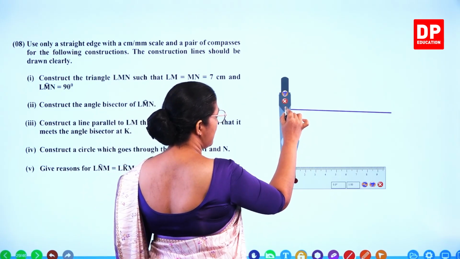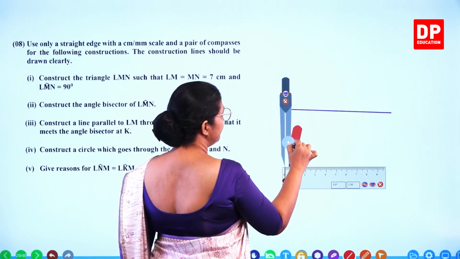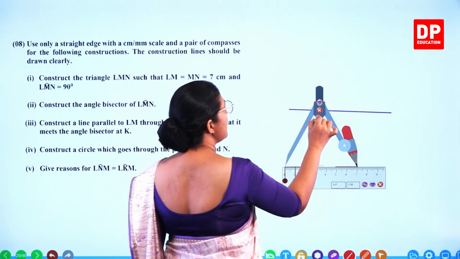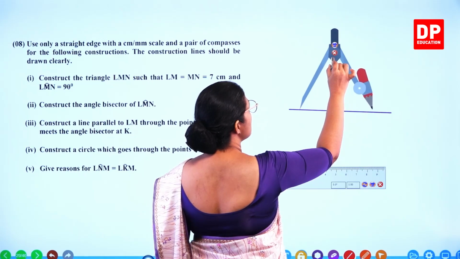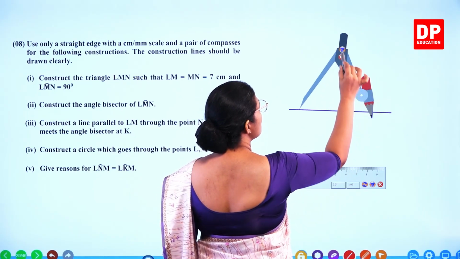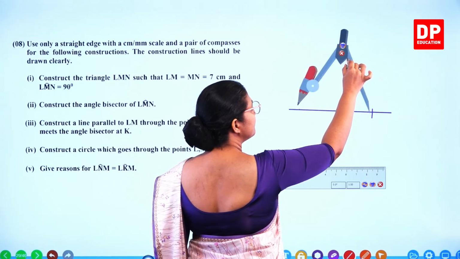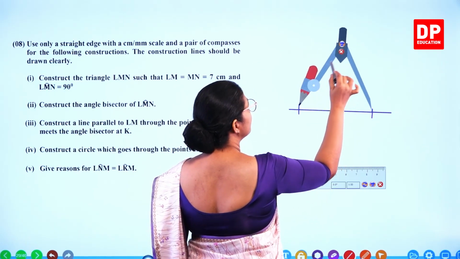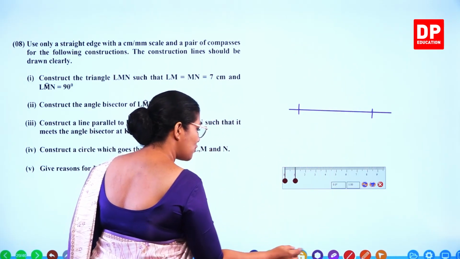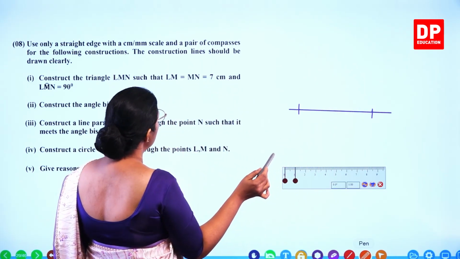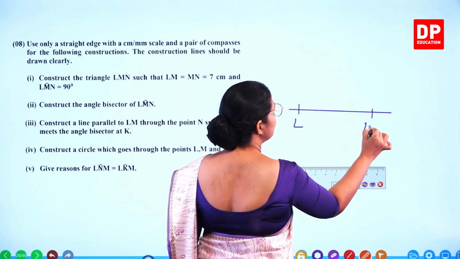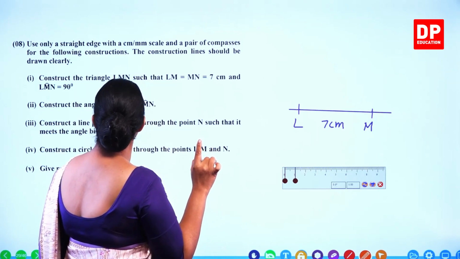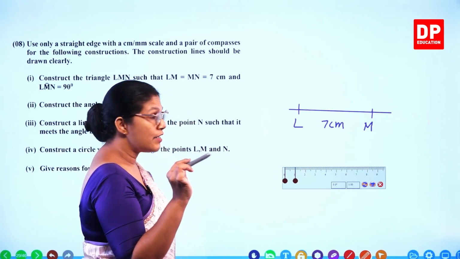So let's measure 7 centimeters, and mark the two ends. Here you mark the length LM, 7 centimeters. Now at point M you have to construct a 90-degree angle.